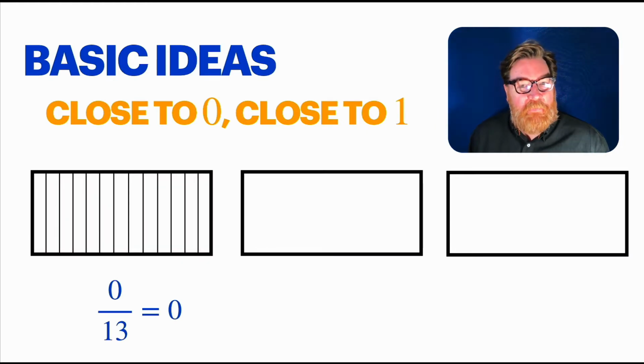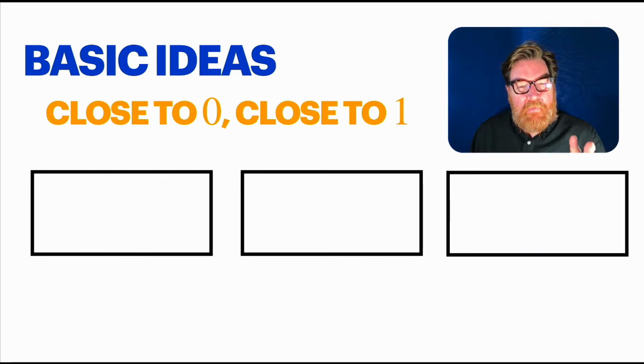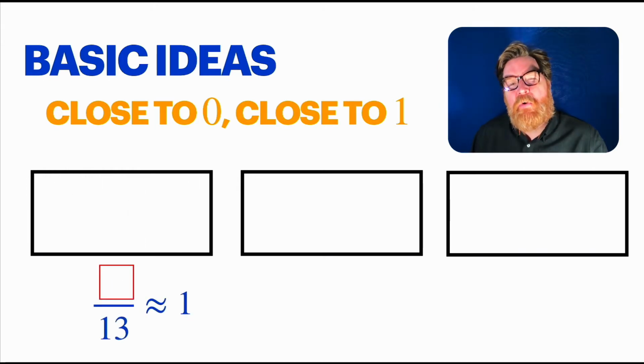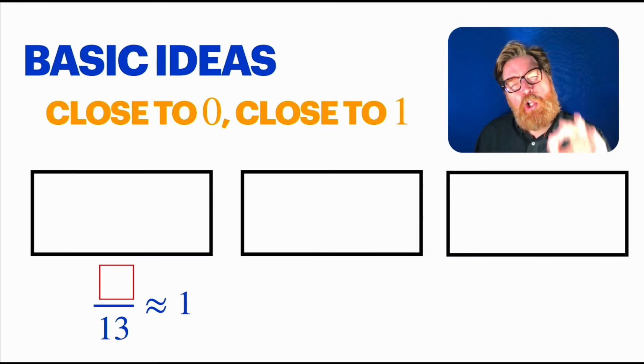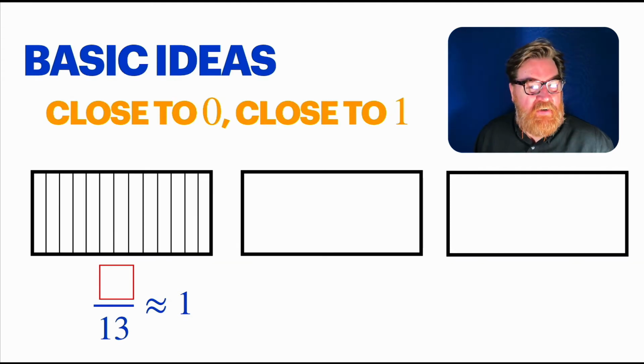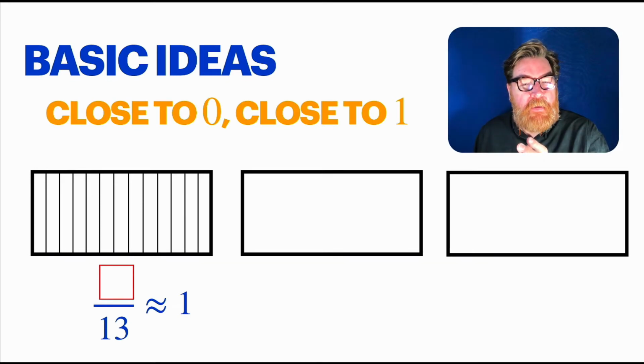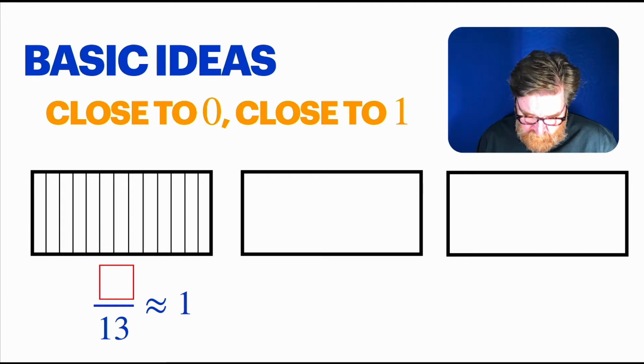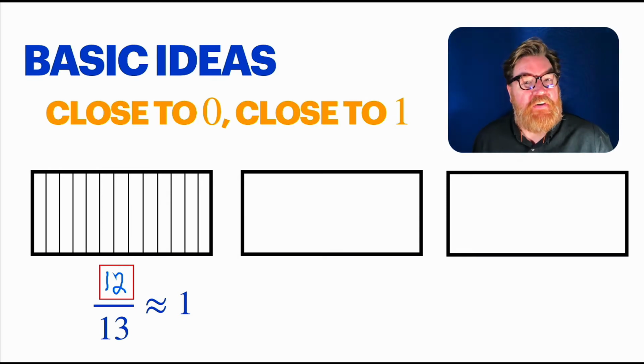Here, let's push this a little bit though. What if I wanted to put in a numerator here that would make a fraction that's close to 1? Well, here's our 13ths. I want to get close to 1. What if we chose 12/13ths? That'd be close to 1, wouldn't it?